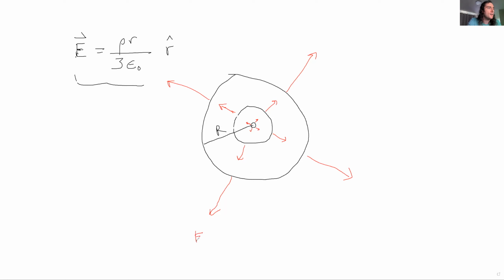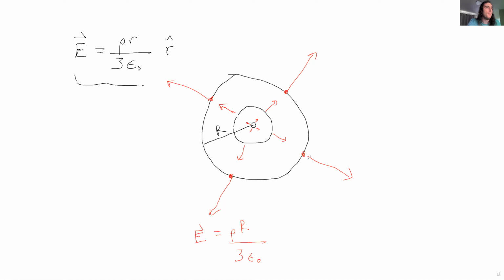So E here has to be equal to rho big R over 3 epsilon naught. That is the electric field at that location, anywhere on this sphere here, that's the value.